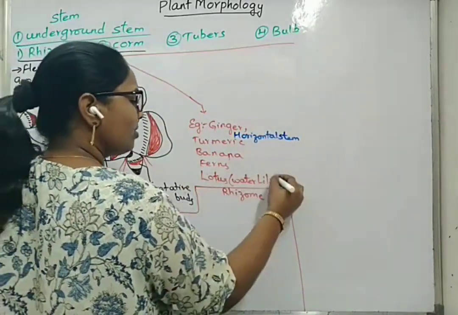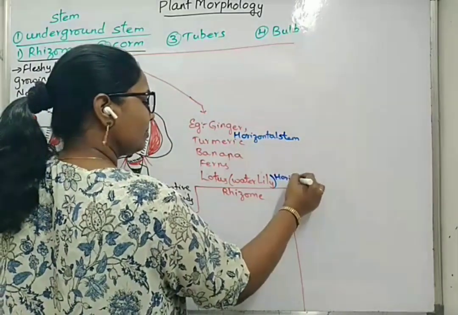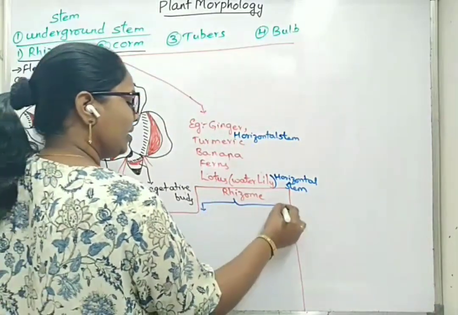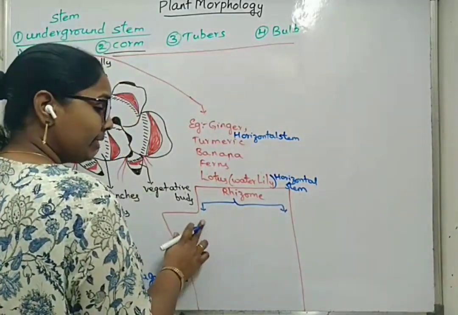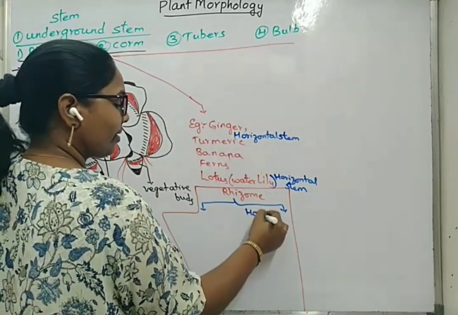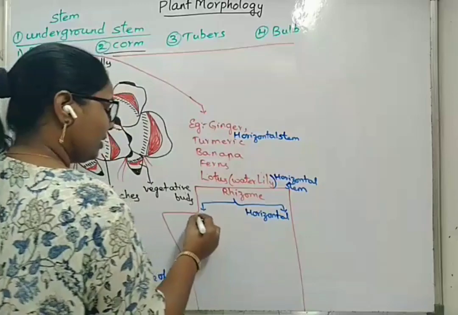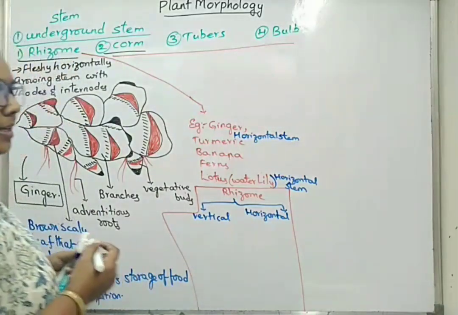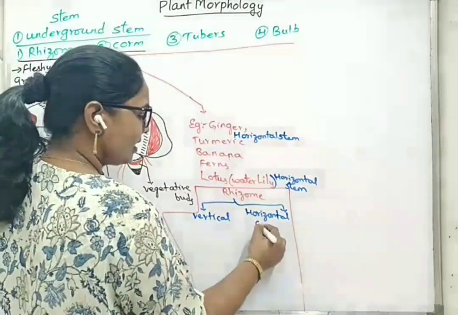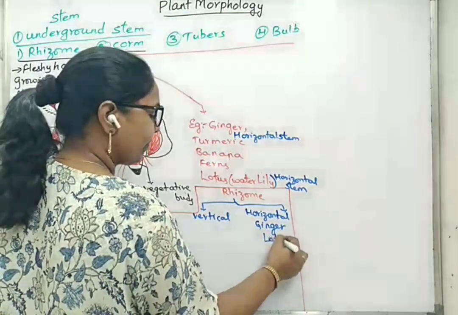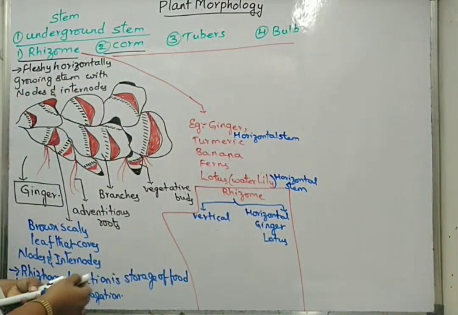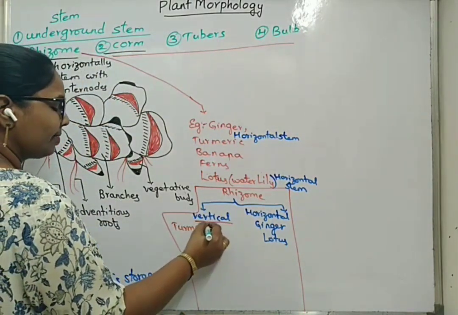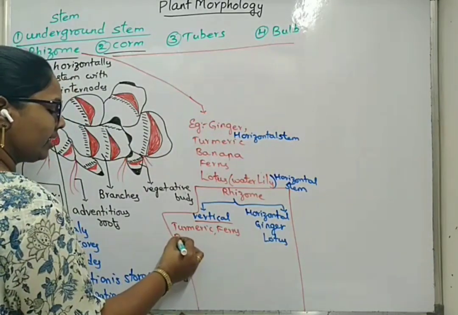Next, lotus also is a horizontal stem. So if there are horizontal rhizomes, there might be vertical rhizomes also. Under horizontal, examples are ginger, lotus, etc. Under vertical rhizomes, we can write examples like turmeric, ferns, banana.